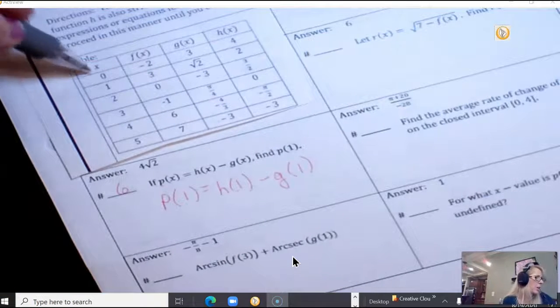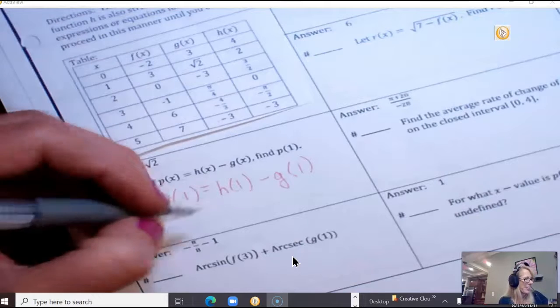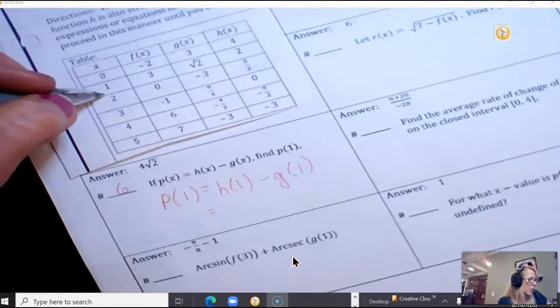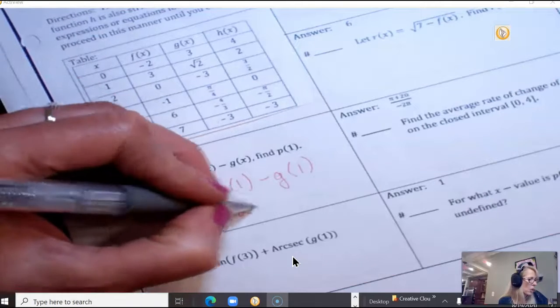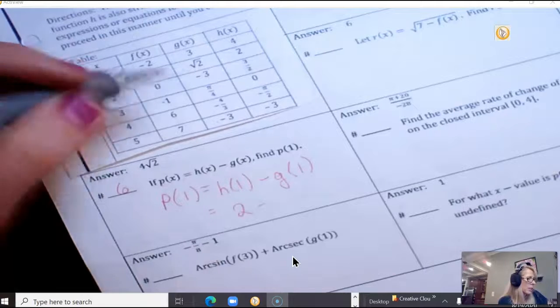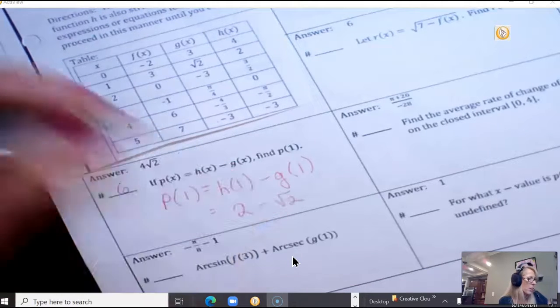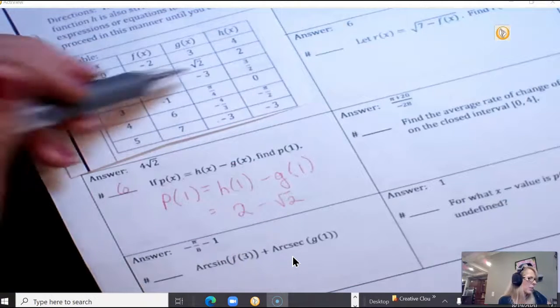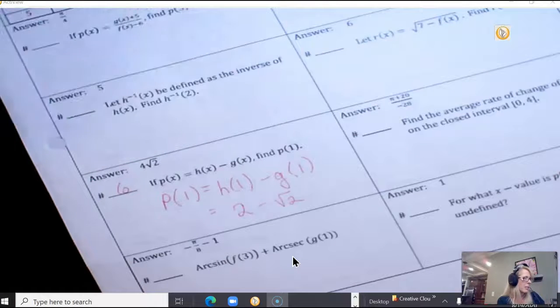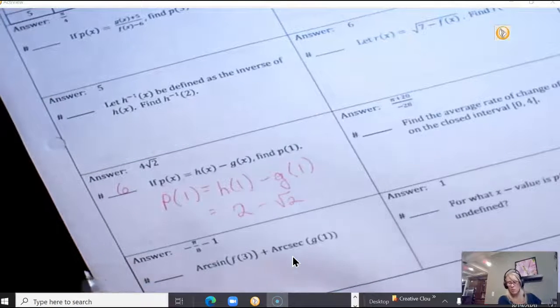So we go to the x value of 1, which is 2, and then g of 1 is square root of 2. I don't think there's a whole lot I can do with that. We just got to go find it. 2 minus square root of 2.